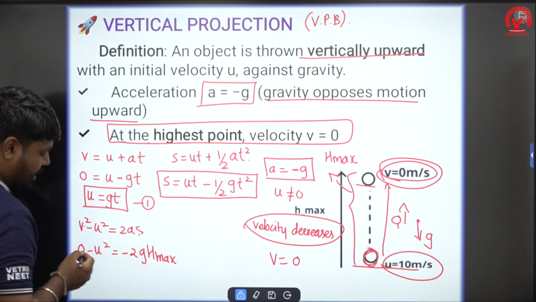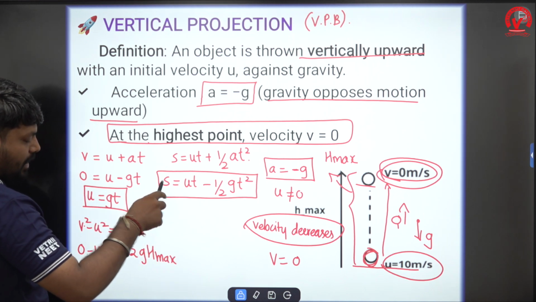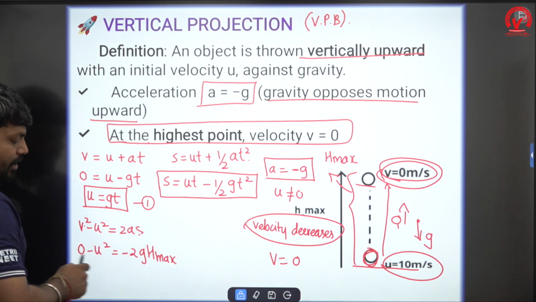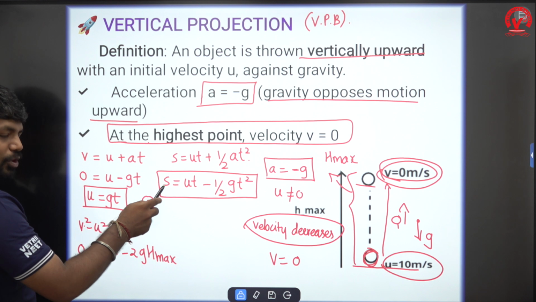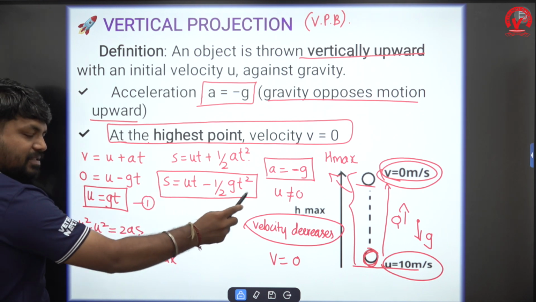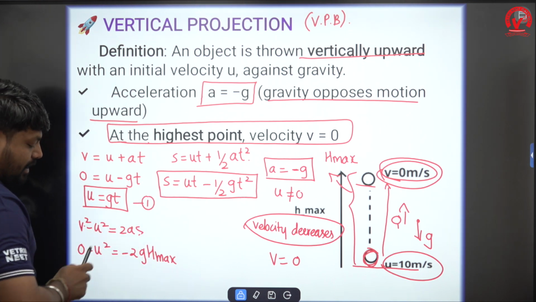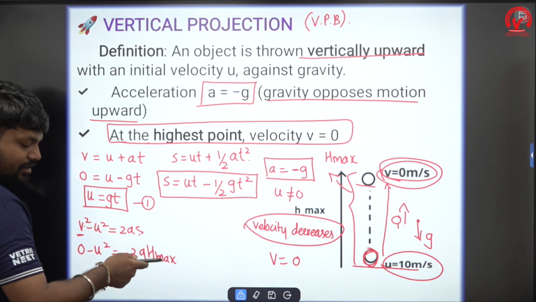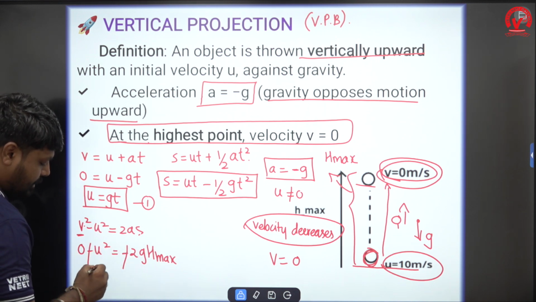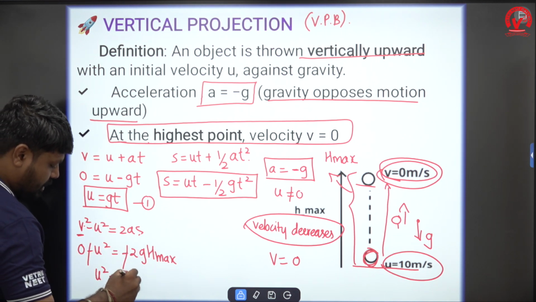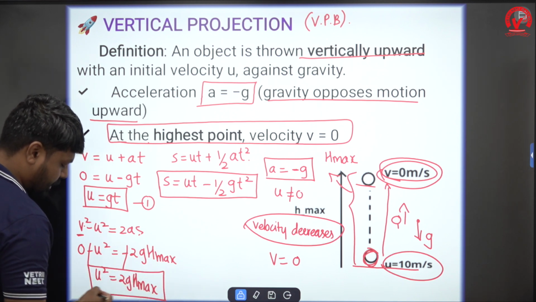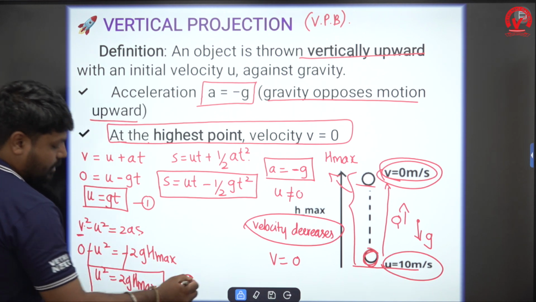At h max only the velocity becomes 0, so we are using the final velocity as 0 here. So minus minus cancel, and u square is equal to 2g h max. Make a note of this clearly. This is the third equation.